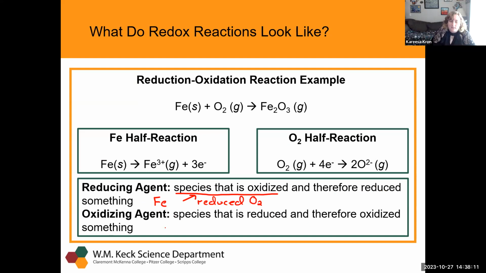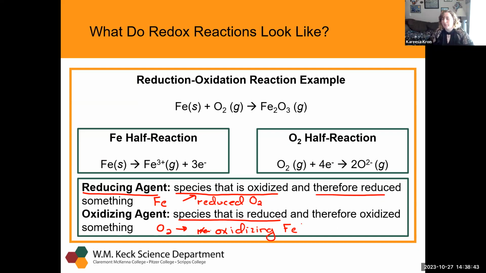And on the other hand, our oxygen is the species that reduced, which means it's acting as the oxidizing agent for oxidizing iron. And so the language refers to how it's acting. So if it is a reducing agent, then it's losing its electrons in order to perform that reduction.